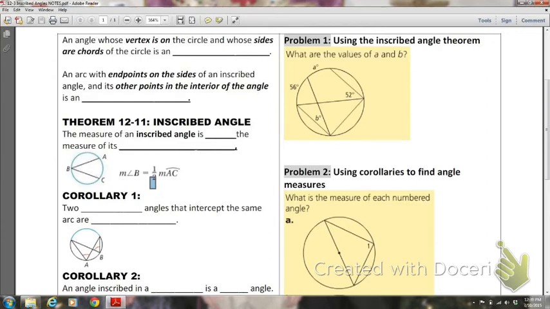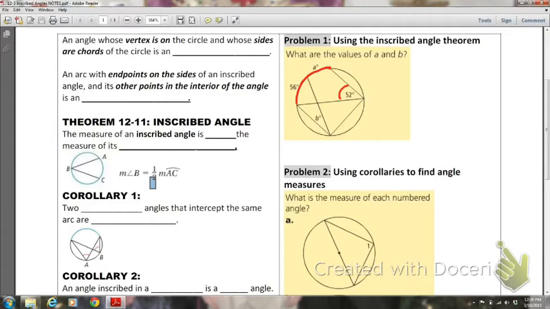In problem 1, we're using the inscribed angle theorem, and it's asking what are the values of A and B. A is part of the intercepted arc of this angle, which is 52 degrees. The measure of the angle is half the measure of the arc.